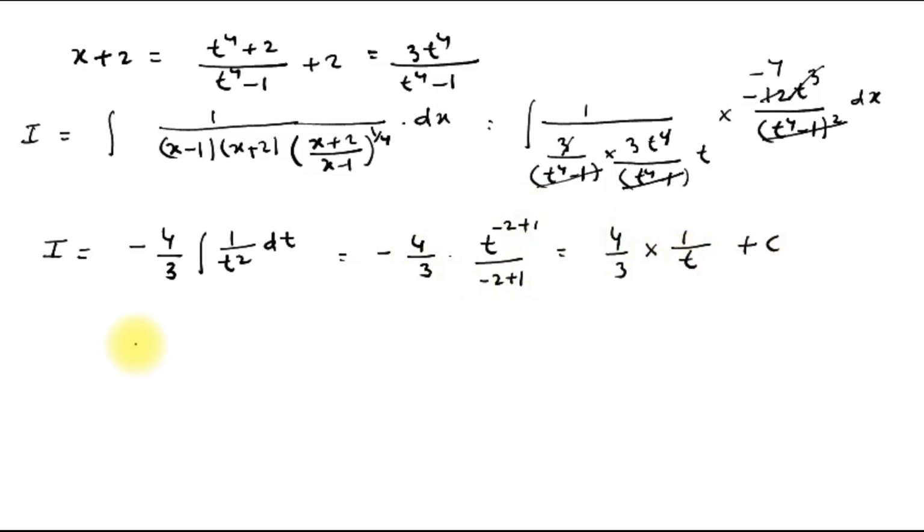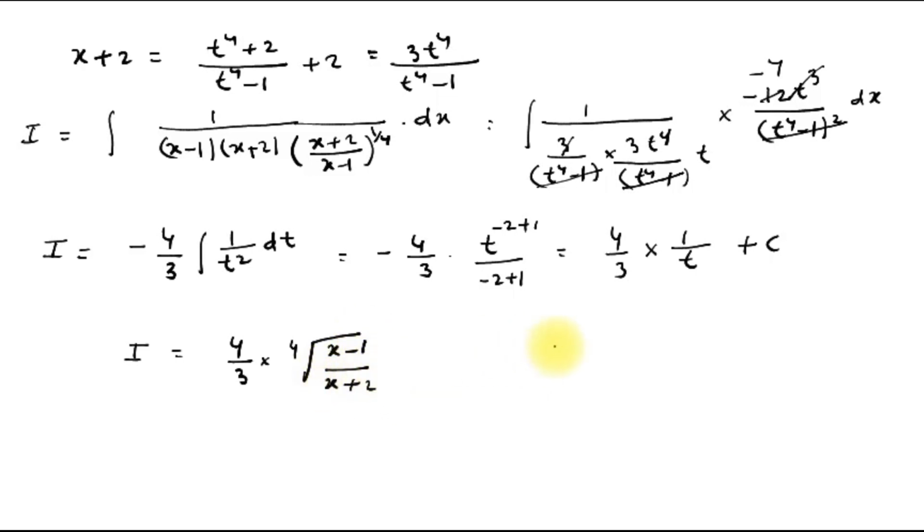So if we put the value of t, we get the final integration as 4 by 3 into the fourth root of (x minus 1) over (x plus 2).